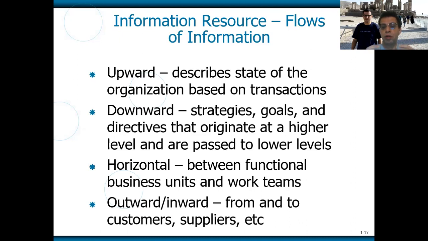So you get upward information, data collected and changed into information, maybe into business intelligence, and downward is the rules and regulations. Then you get the horizontal flow, between different departments of a business, and then the outward and inward flow, the communication between the organization and its suppliers and customers. So these are the four types of flow of information.